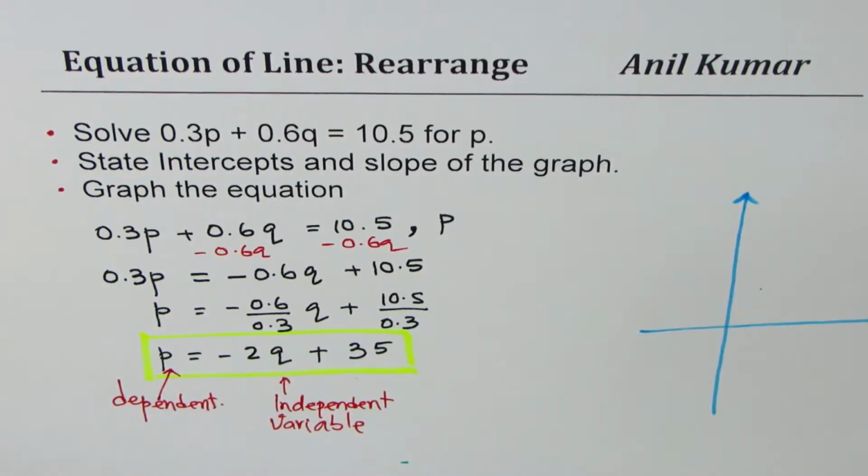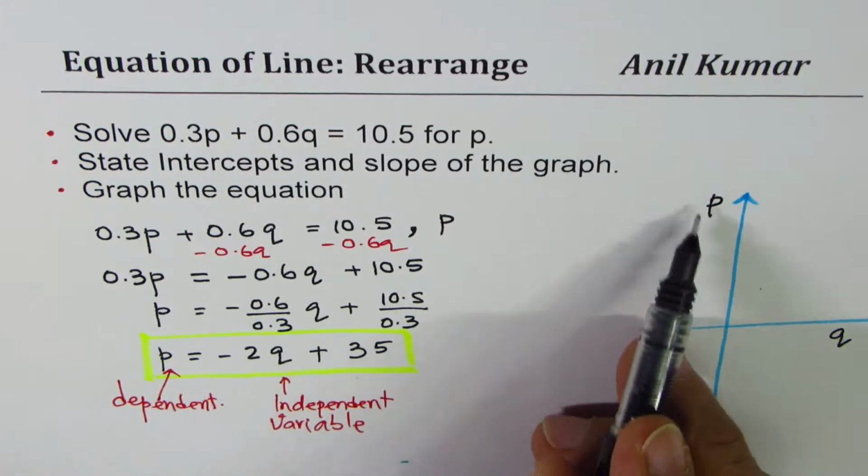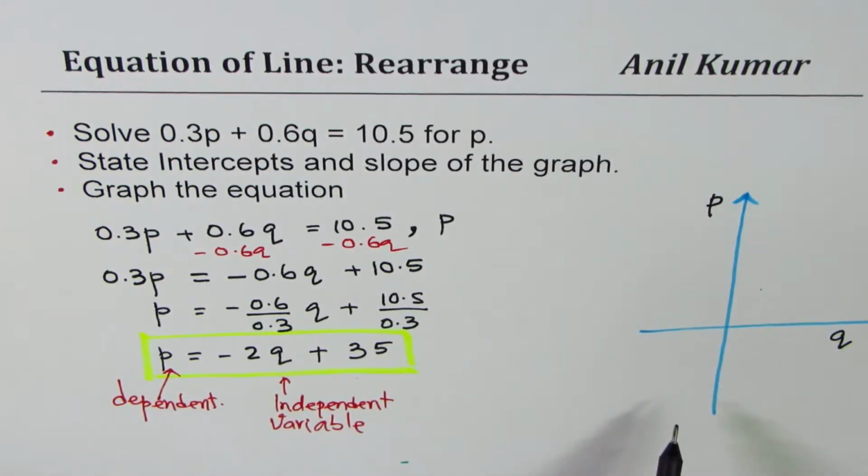So in sketching the graph, I should place q on the x-axis and p on the y-axis, since p is dependent on q.